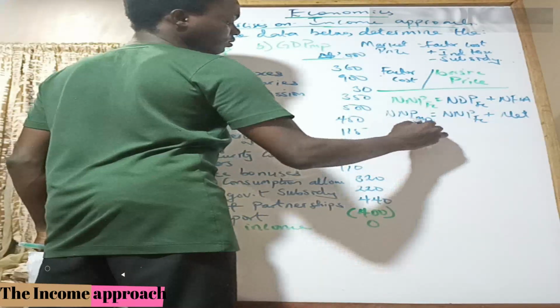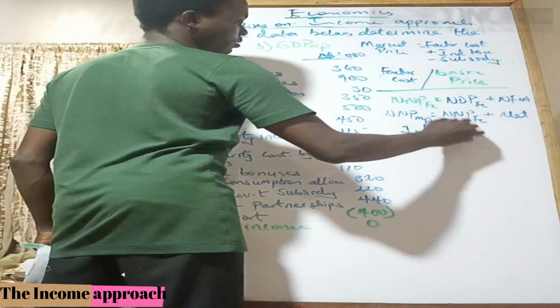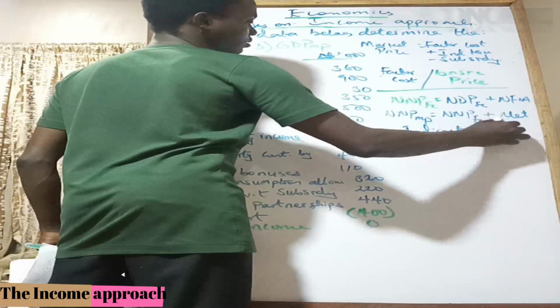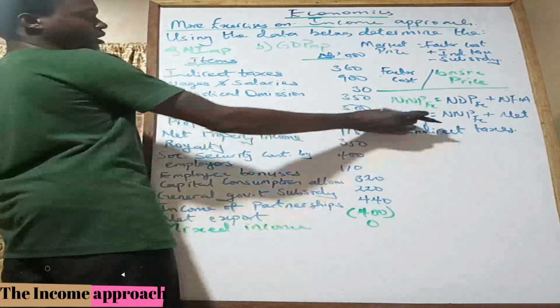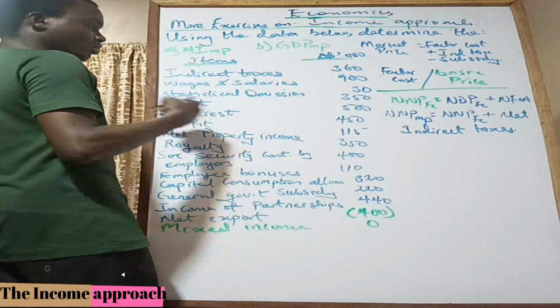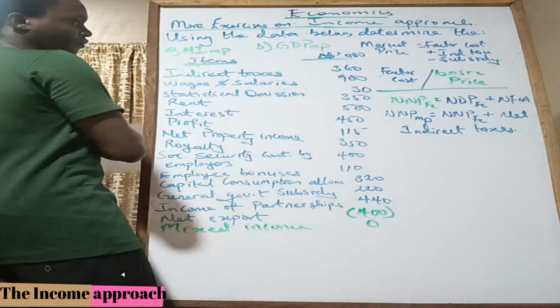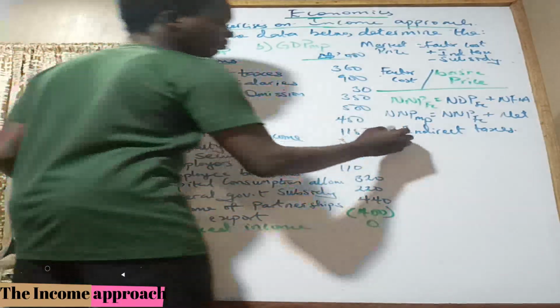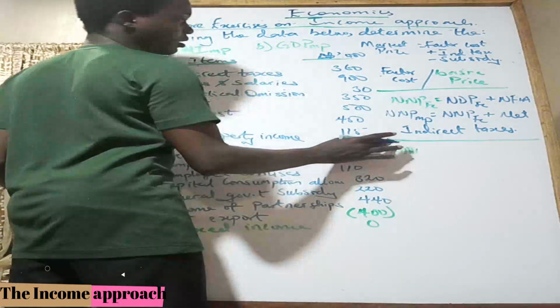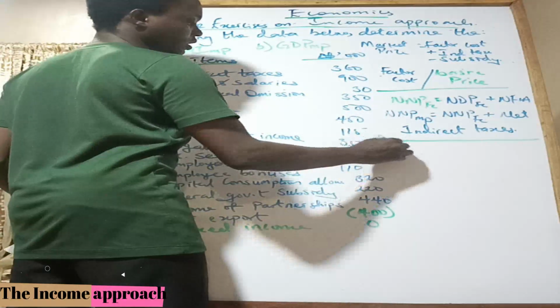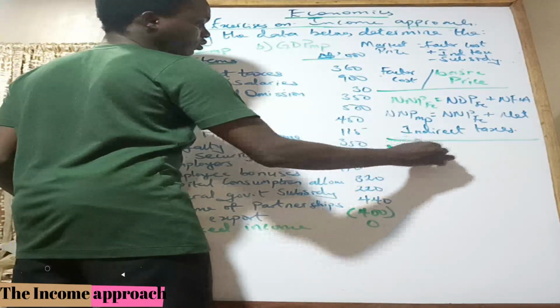And we know NI at market price is already equal to this. So the issue now is for us to go and find our NDP first, NDP at factor cost.